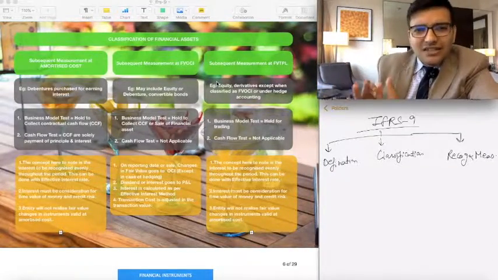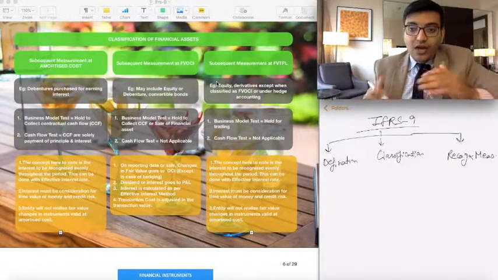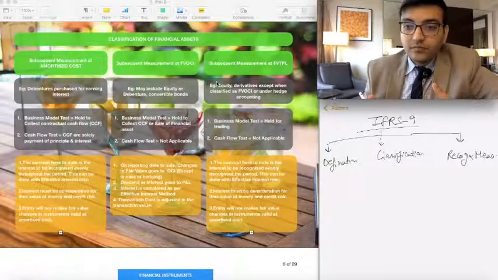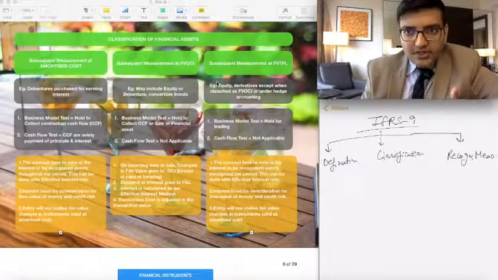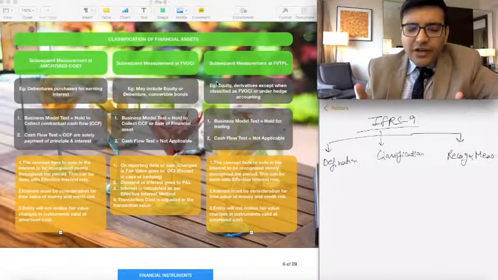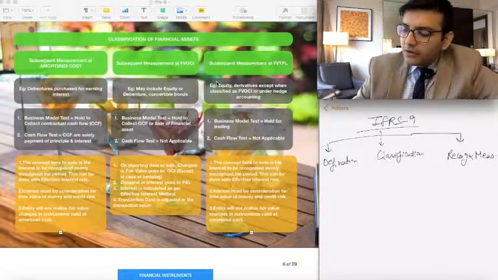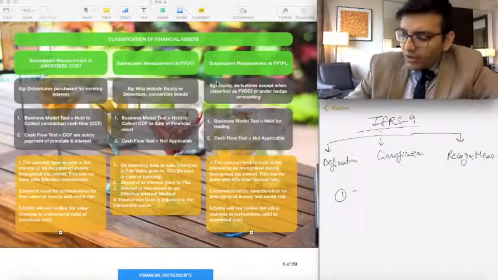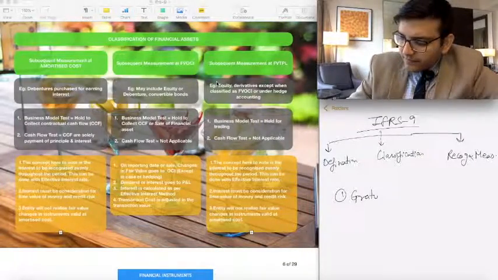Now why are we classifying? First of all, there is a question: why is there a need to classify into any of these? What will happen? So I'll take a small example of gratuity. You all know about gratuity.